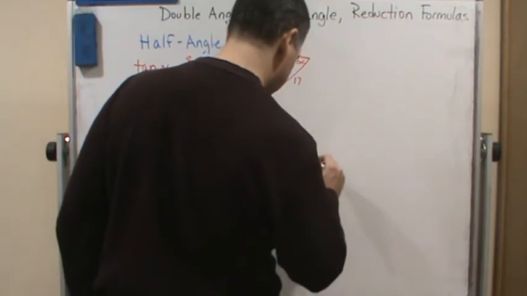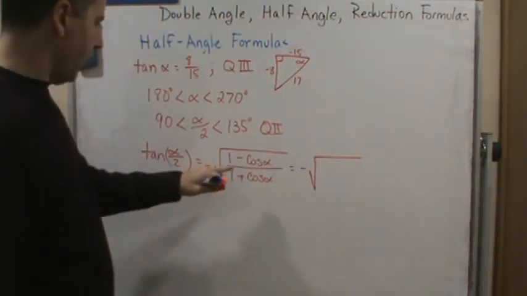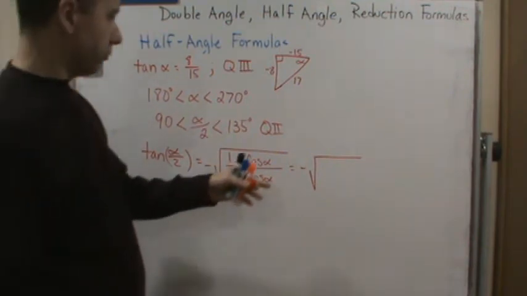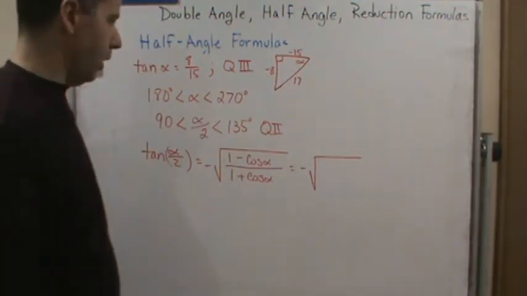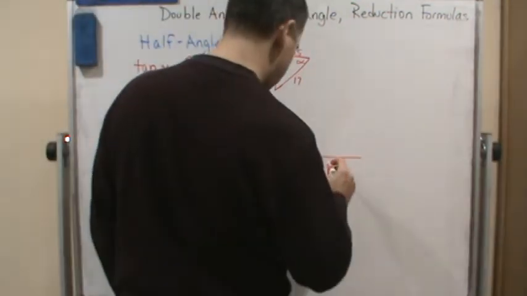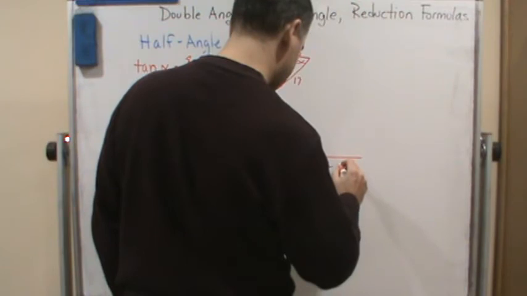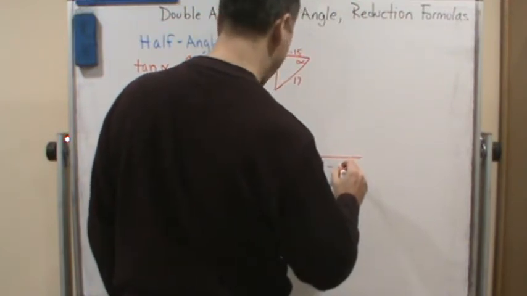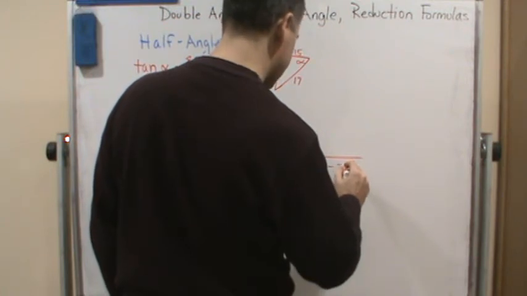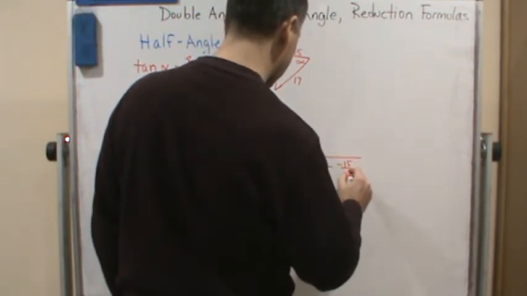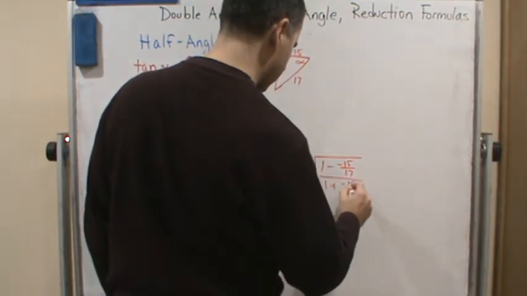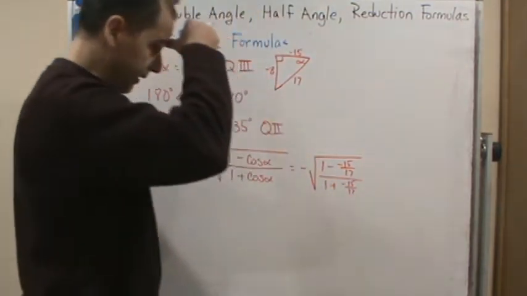So this is negative. Now cosine of alpha is what? Negative 15 over 17. Okay, so that's what we had before. So now it's going to be 1 minus negative 15 over 17 over 1 plus negative 15 17ths.